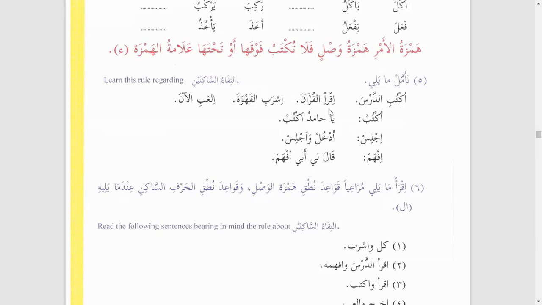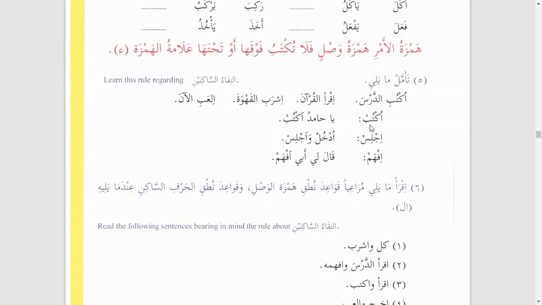So we will say iqra il-Qur'ana, read or recite the Quran. Similarly, ishrabil qahwata, drink coffee, and il'abil ana, play now. So this rule is clear, right? We have discussed this rule many times. So there shouldn't be any problem: when we connect a sakin harf with al, then we have to connect it with kasra.